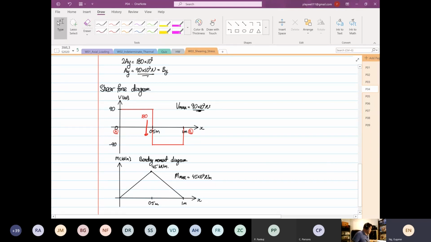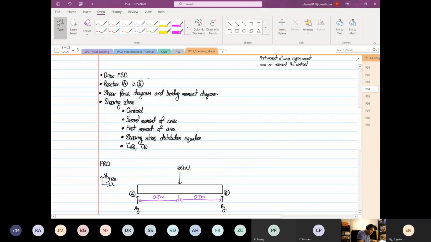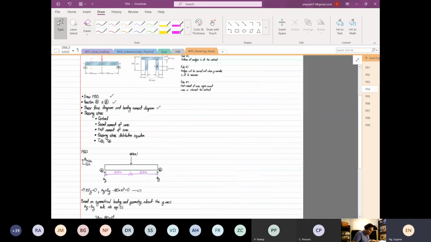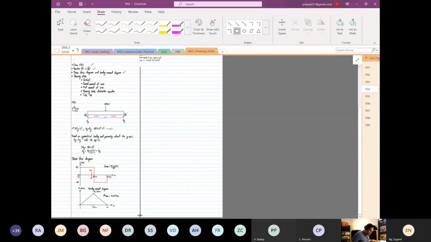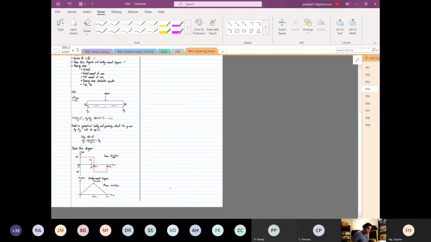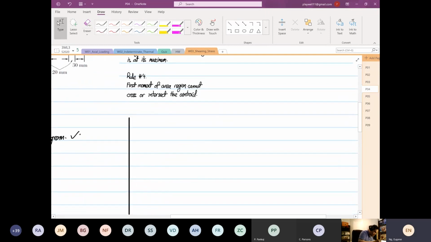So what we have done is we have drawn these diagrams. Next, we're going to focus on the shear stresses. I'm going to divide my page into 2. We're going to look at the shear stress. We need to know what we are trying to identify.